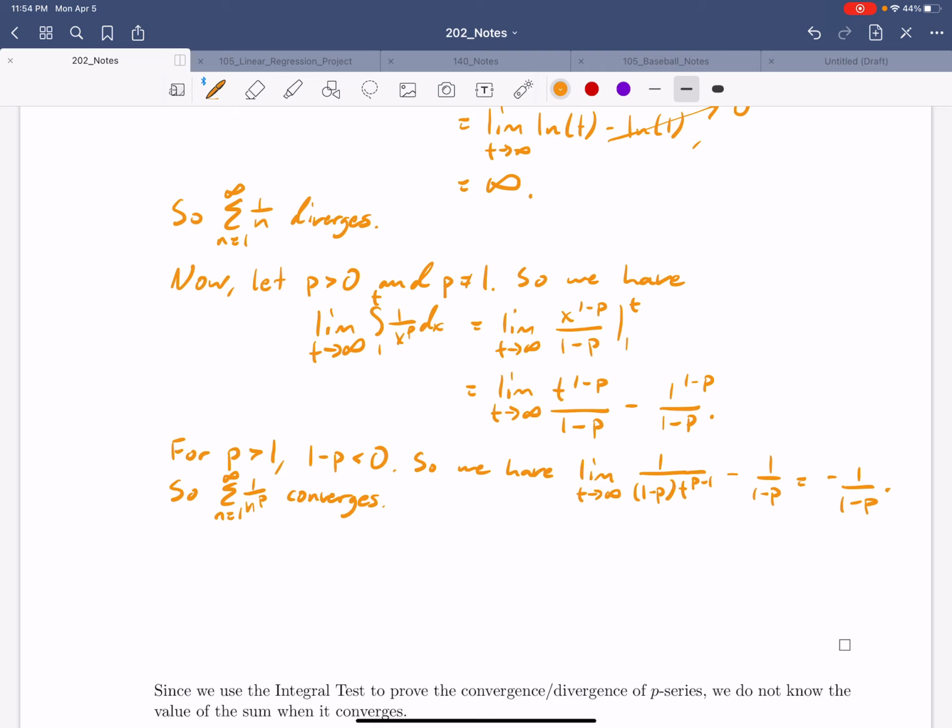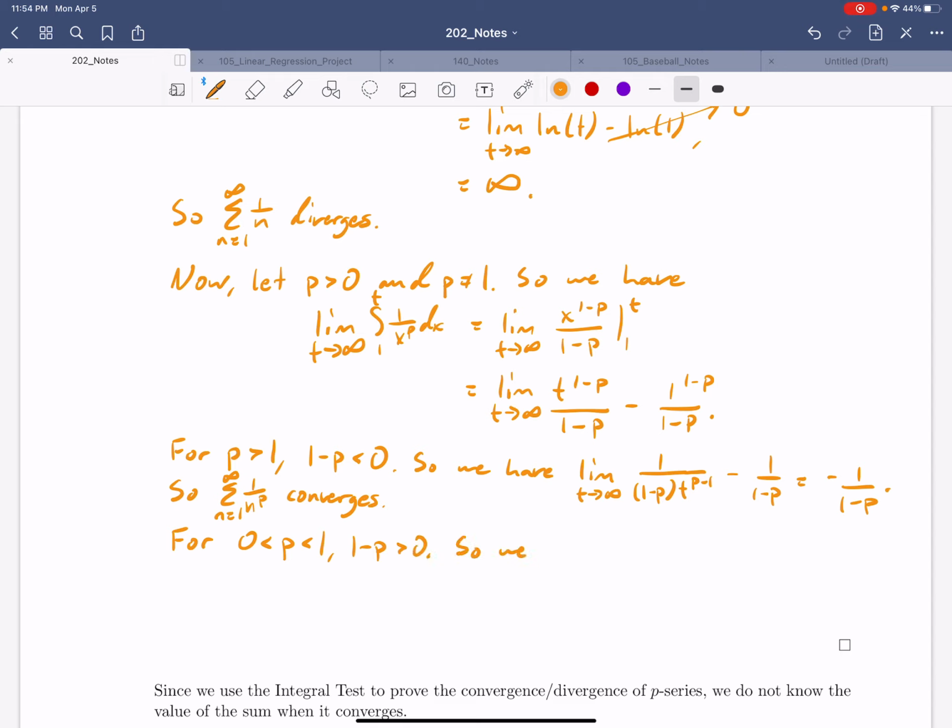On the other hand, I guess we have to restrict p to be between 0 and 1. I'll just point out that 1 minus p is actually greater than 0.